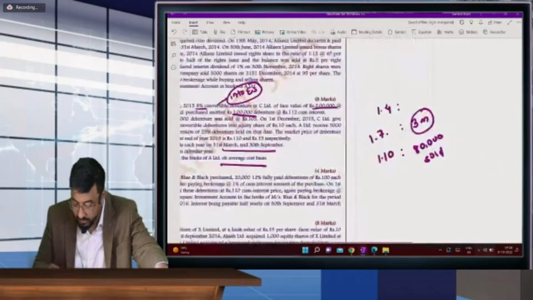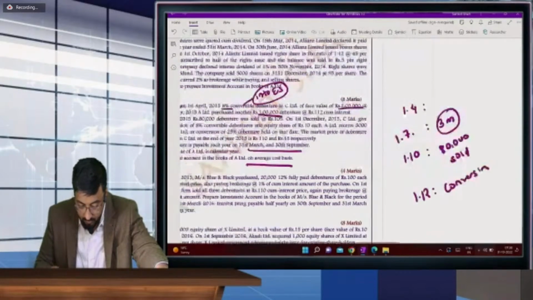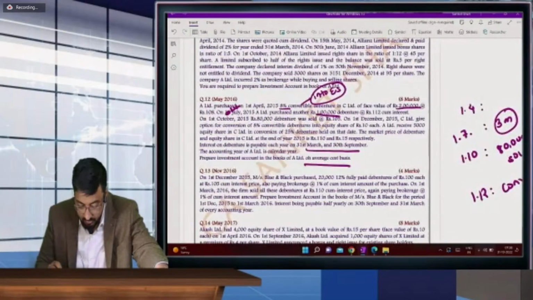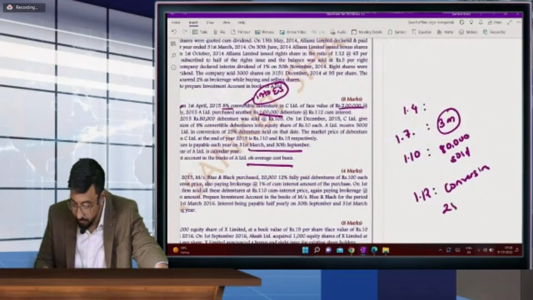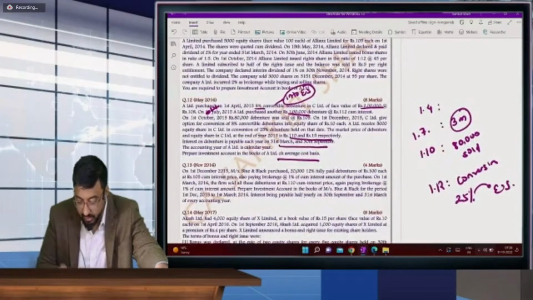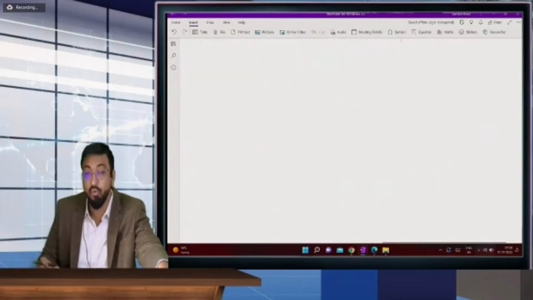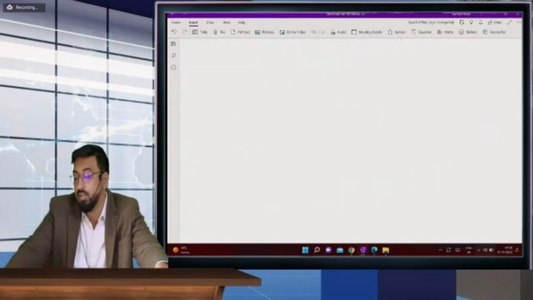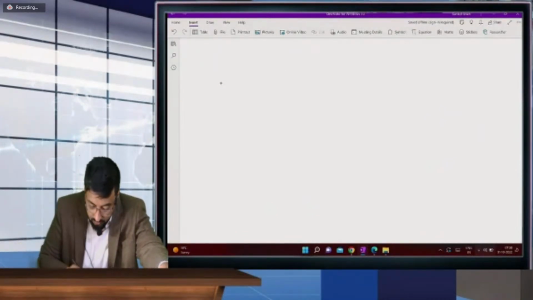On 1st December, conversion option into equity shares and 25% getting converted into equity shares. The market price is 110 and 15 respectively. Okay. Prepare investment account. So conversion is a new concept. So why is this question difficult? Because conversion is a new option. Write down.